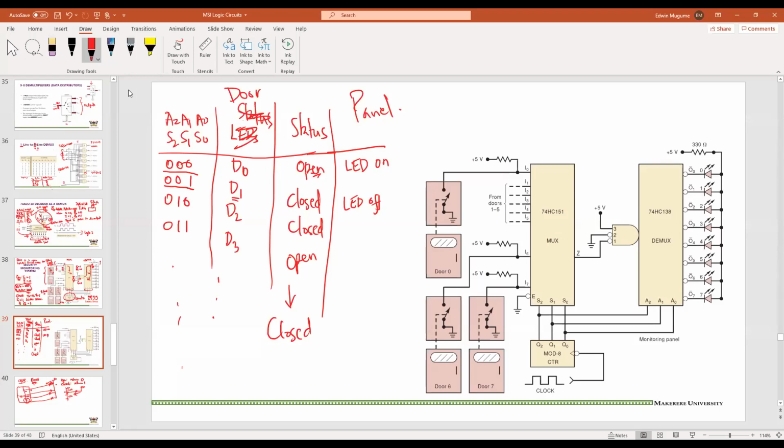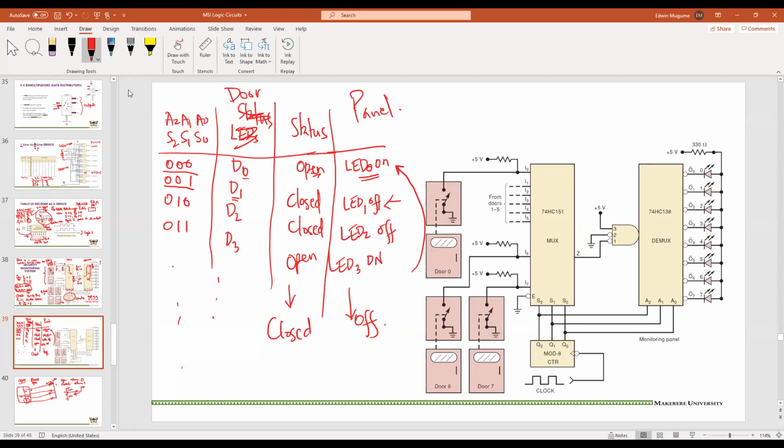The first LED that corresponds to door 0 will also go off because it is not being selected to pass its signal to the output. LED 2 is off, and LED 3 will be on, and you'll continue with off until the counter comes back to the 000 state, and then your LED for door 0 will come back.